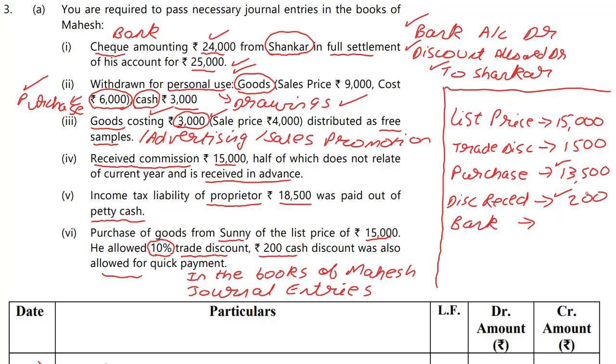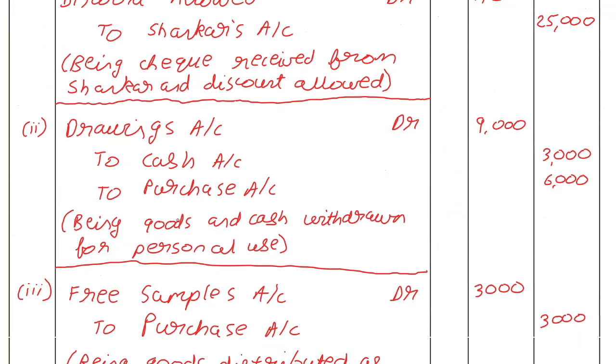It's going to be the difference, which is 13,500 minus 200, 13,300. Okay, so now I have my three accounts. It's going to be debit what comes in, credit what goes out, and credit on incomes and gains. All right, so it's going to be purchase account debit to bank account to discount received.